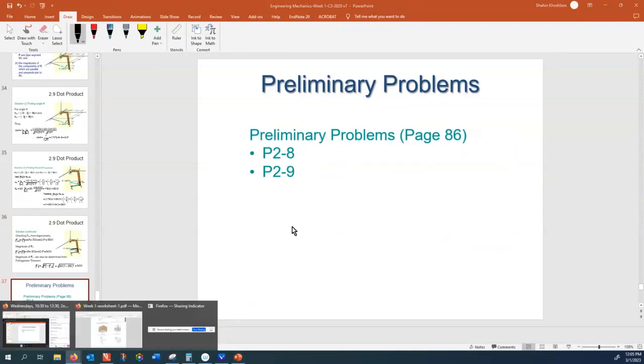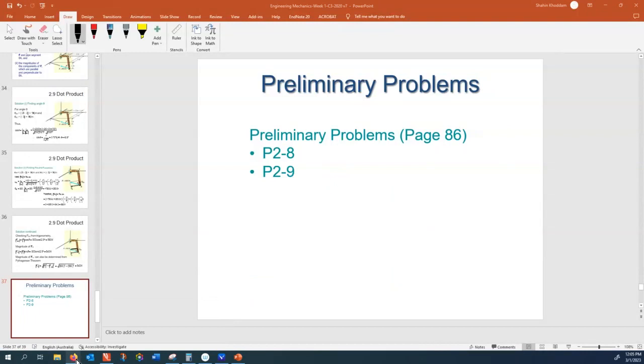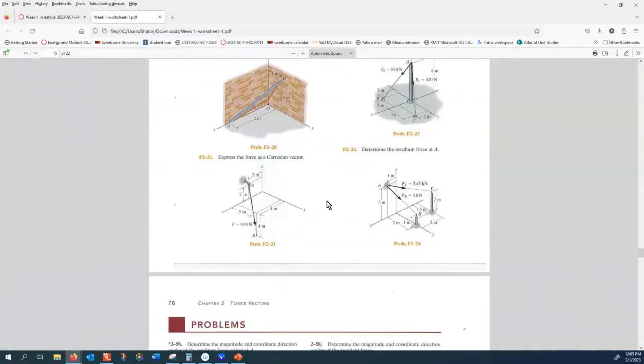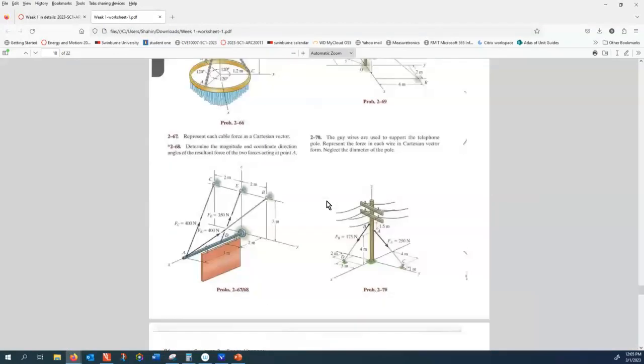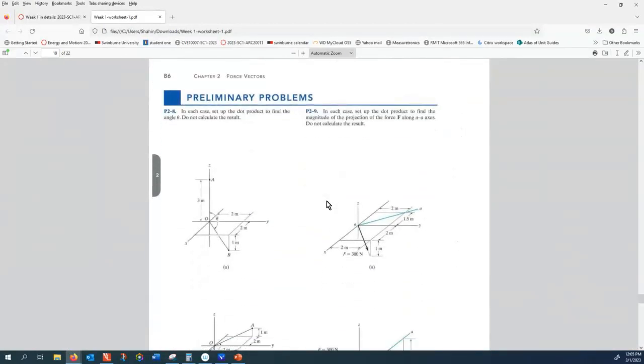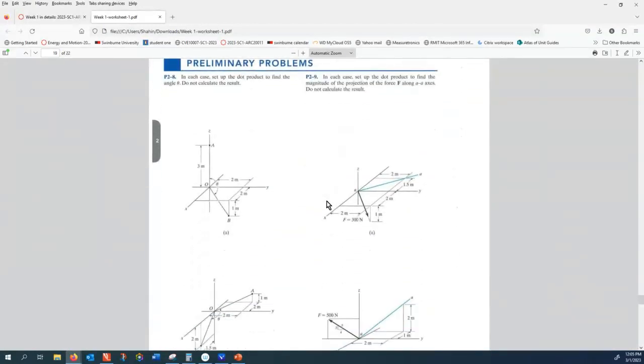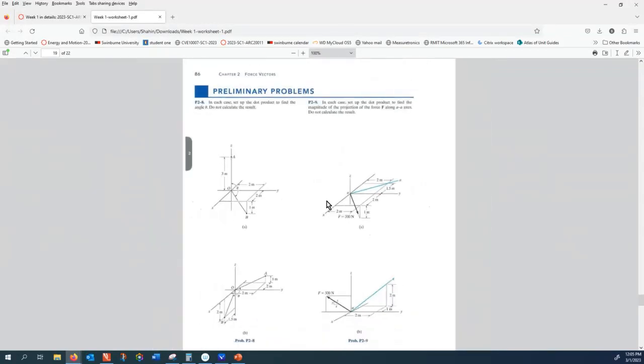Okay, page 86. All right. Simple, medium, difficult.